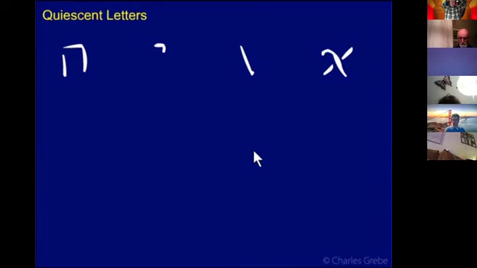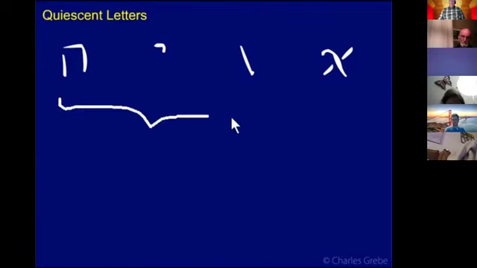Now, have we seen these consonants before as a group, or at least some of them? These ones here should look familiar to you. These are our matres lectionis. If you remember, back to our vowel chart, we had these at the top. He was associated with the A vowels, Yud with the I and E vowels, and Vav with the O and U vowels.